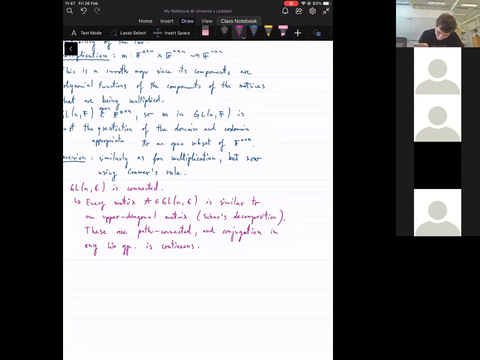I'm not sure how to write this now. So GL_n(C) is a union, and now H should be like a Hermitian matrix. So Schur's decomposition gives us a similarity relation, but now the matrices via which these are similar are Hermitian, right?